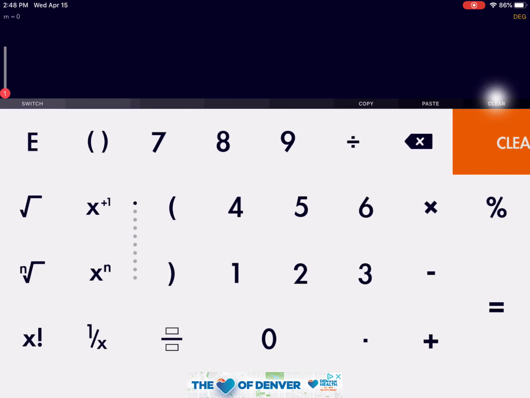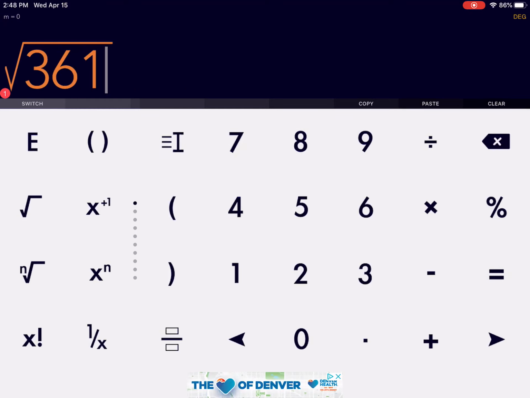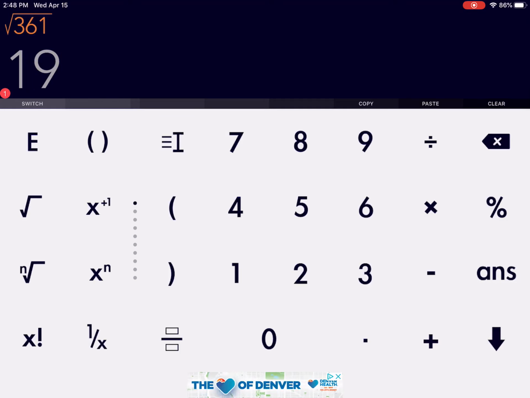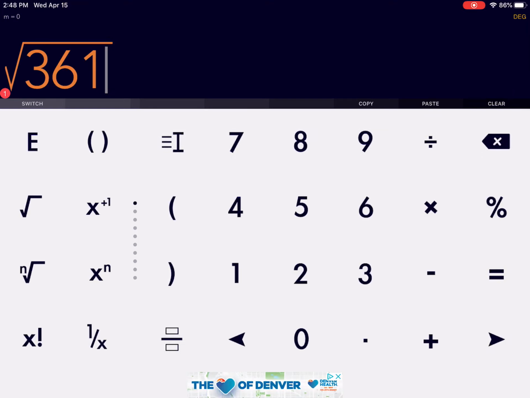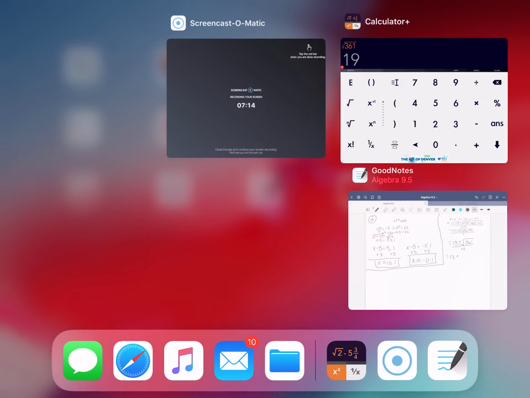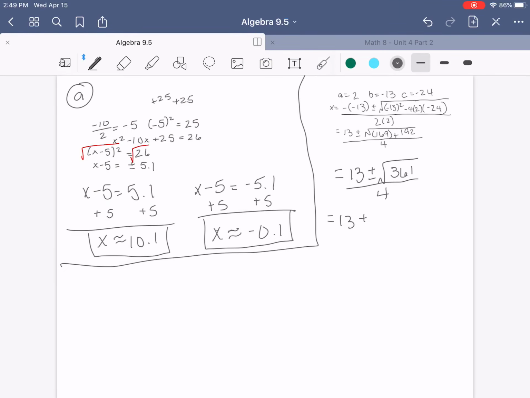Let me double check that because I feel like I hit some weird buttons, which is totally possible. Oh, nice. I love when I get whole numbers. So plus 19 over 4, and then 13 minus 19 over 4.